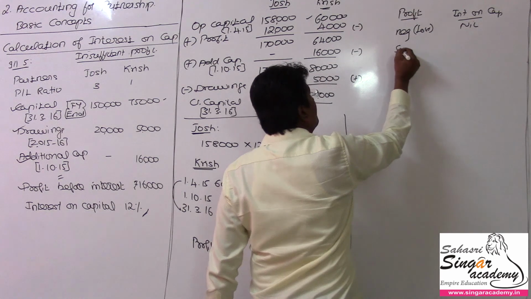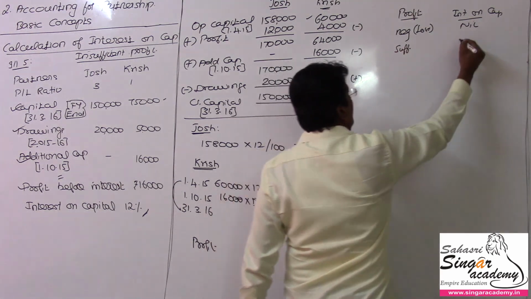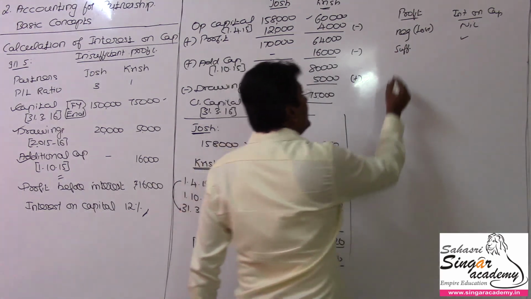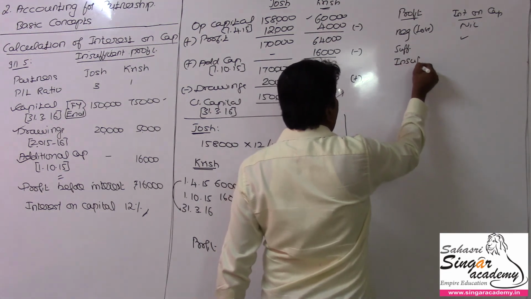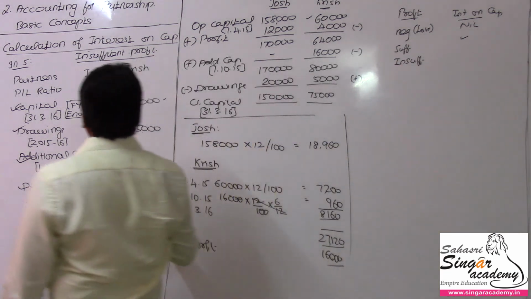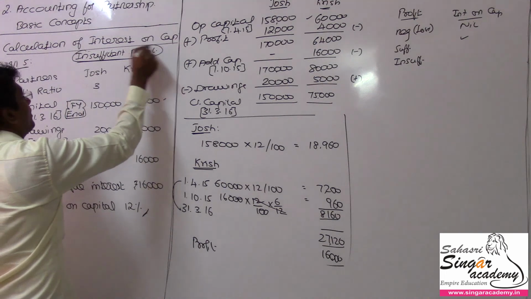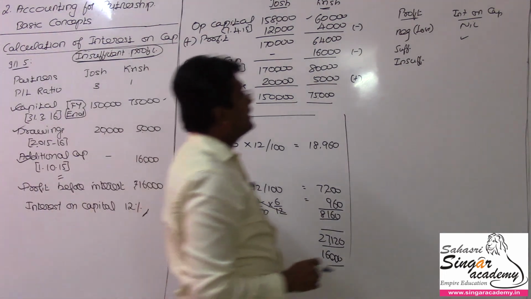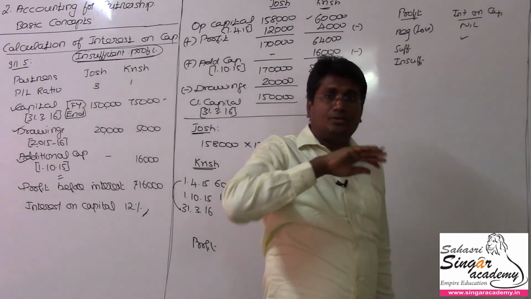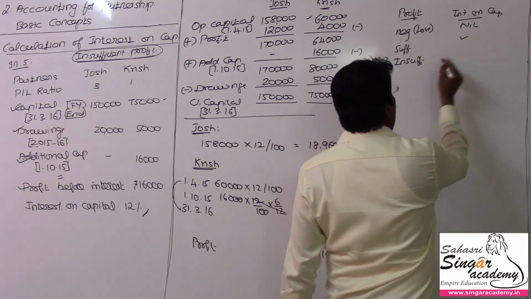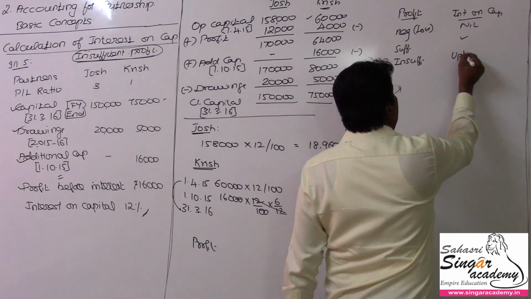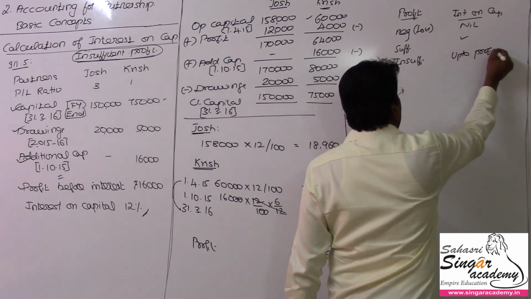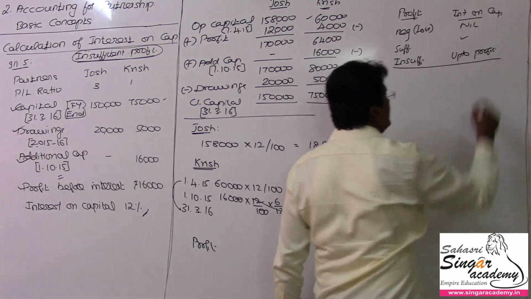If there is sufficient profit, we offer them the interest. But this is a situation where we have profit, but that profit is not enough to pay off even the interest on capital. By that time, interest on capital is restricted to the profit only; it is given only up to the profit.